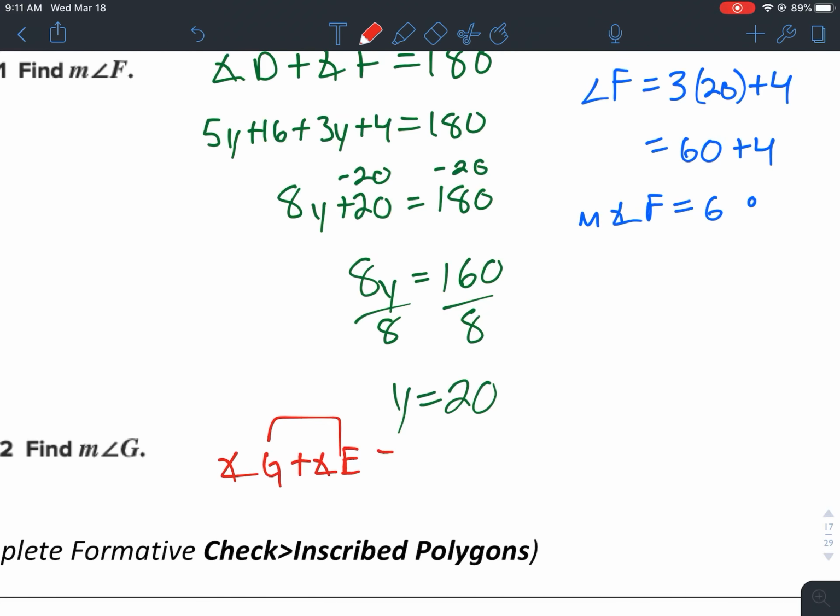Alright, so you can write the algebraic equation. What is it? 3x minus 16, and we got plus x minus 4 equal 180. And I know you guys can solve that using your algebra skills.